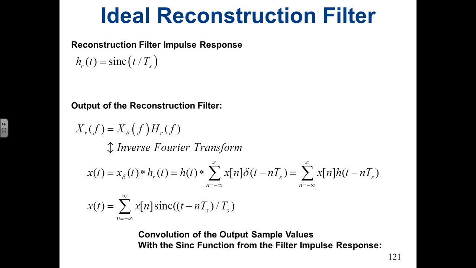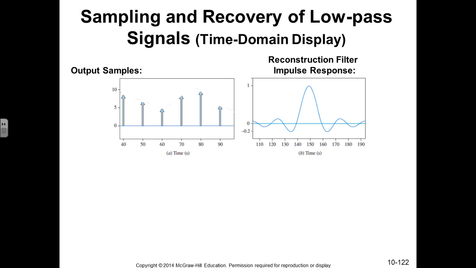Let's look at that graphically. So here on the left, we have a series of output samples coming from our digital signal processing system. And we'll use our impulse model again. So those are a series of impulses with different weights, where their weights are the sample values.